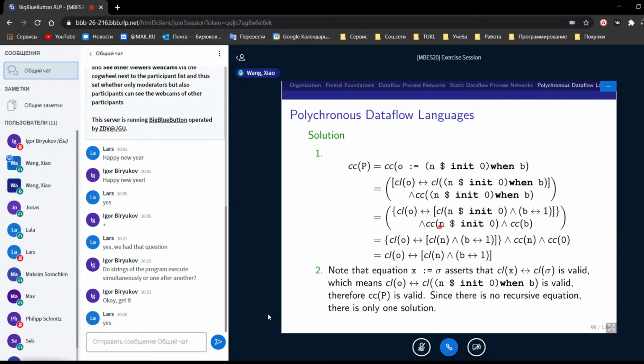So we need to only ensure the left-hand side, which is CC of n, is clock consistent, and CC of 0 is clock consistent. This one is true. This one is again true. And now we have that one here. So that one is finally the clock consistency condition.